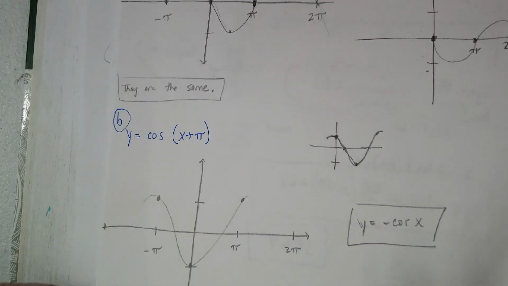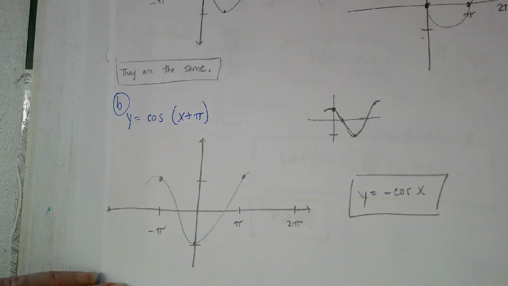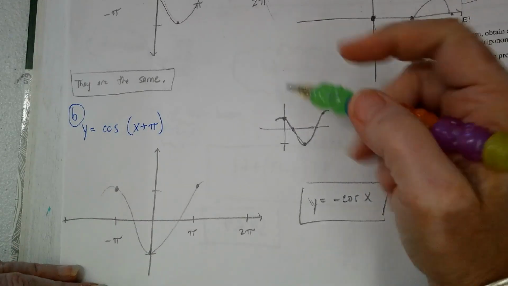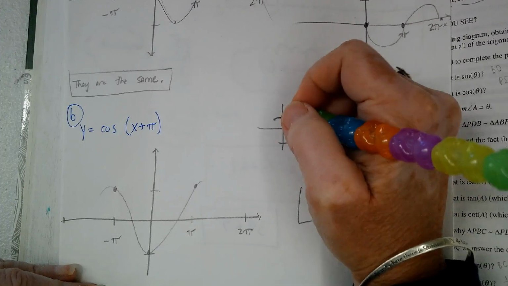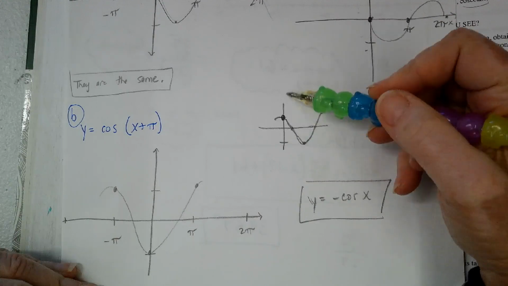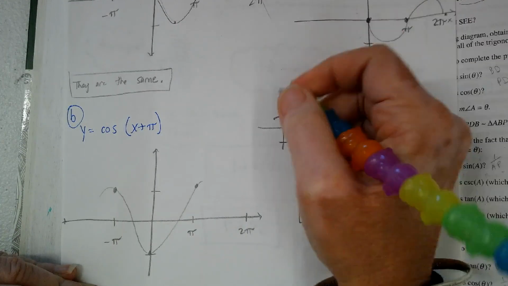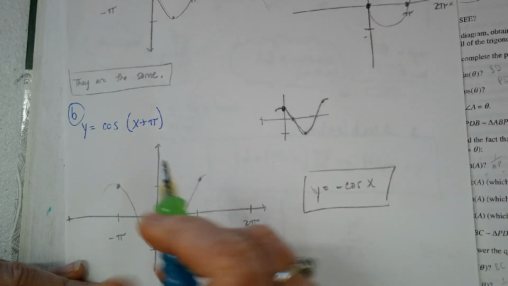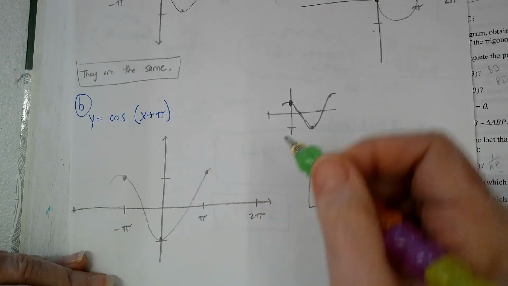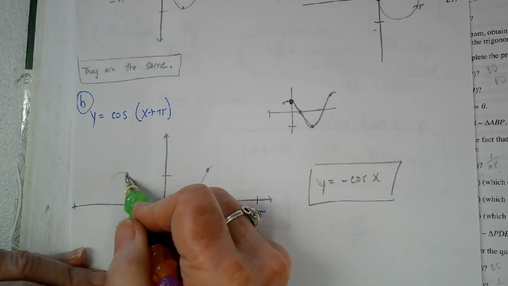Now, next we're asked to look at the graph of cosine of (x plus pi). So I'm going to do the same procedure with cosine. This is the parent function. I start my first locator point on the y-axis at 1, but I'm going to move it left by pi because this is x plus h, so that's this point right here.